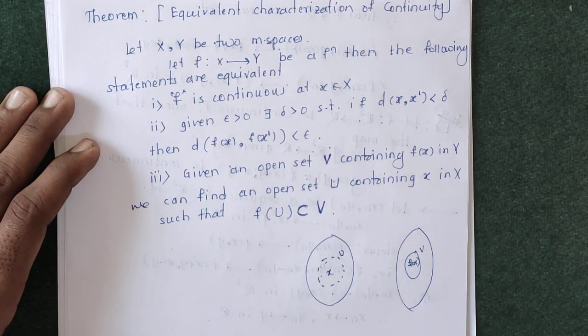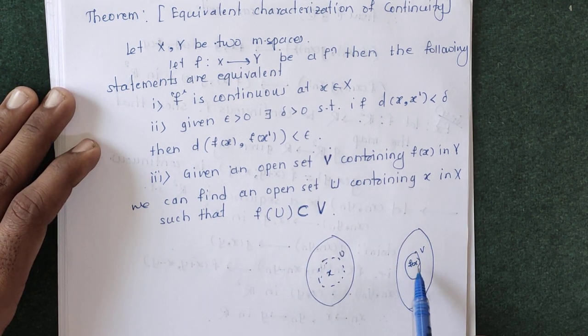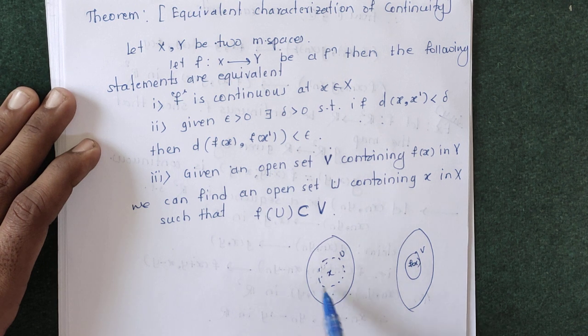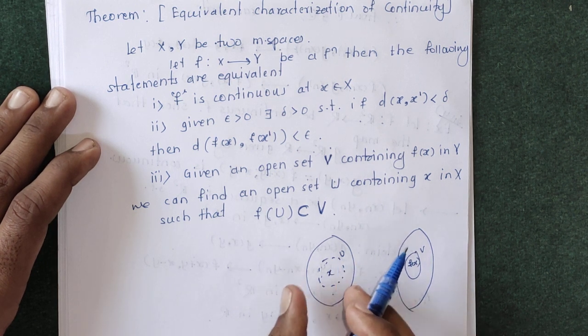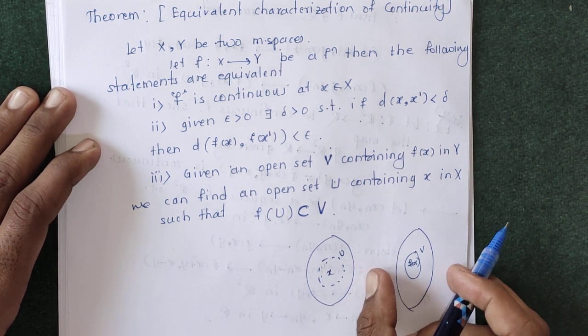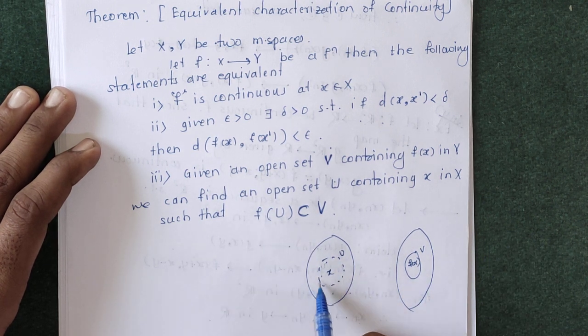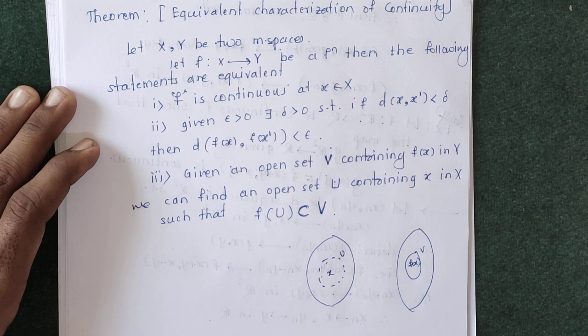For the whole domain, the image of the function can be a single element, as in a constant function. So this open sphere can be small or large. The image of this whole open set is a subset of V.